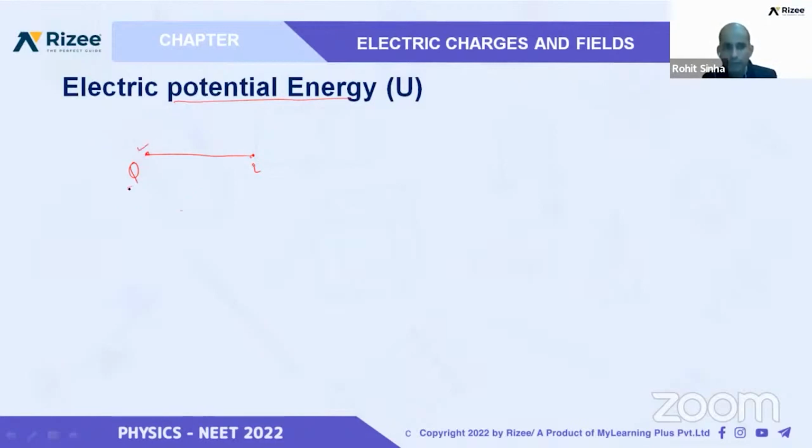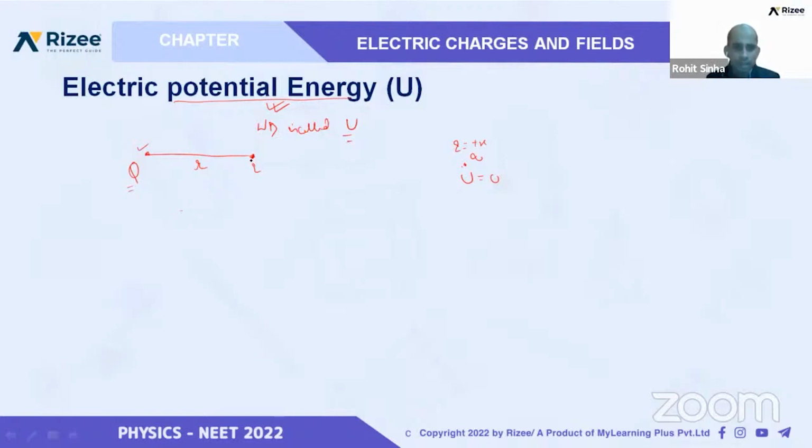To find this electric field of the source charge, we bring some charge here at a point R. Electric potential energy is defined as follows: from infinity, where potential energy is 0, if we bring a positive test charge Q from infinity to a point within the electric field, the work done is called U, by definition.